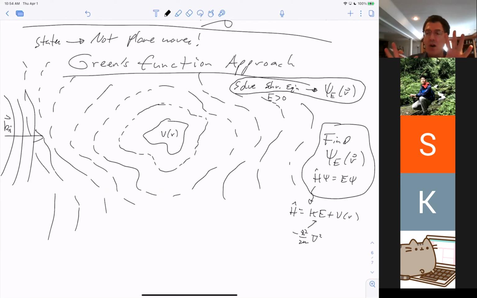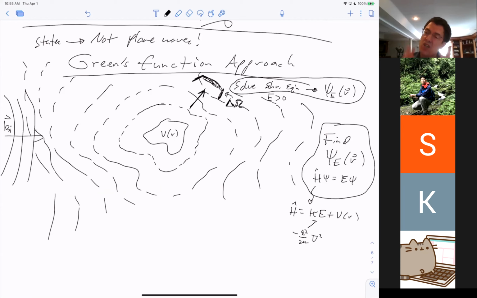Now, if I want to know how many particles are moving in different directions, let's say I put my detector here. There's my detector, and it covers some solid angle, d omega, just like before. I want to know how many particles go into my detector.